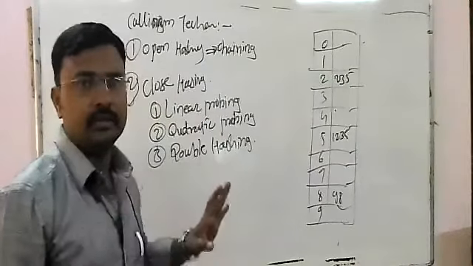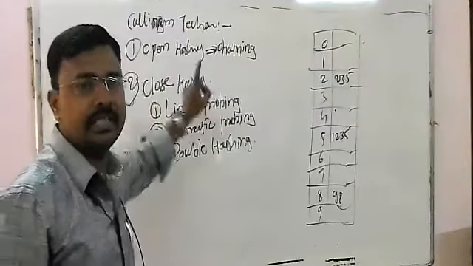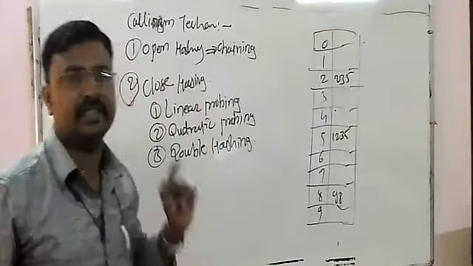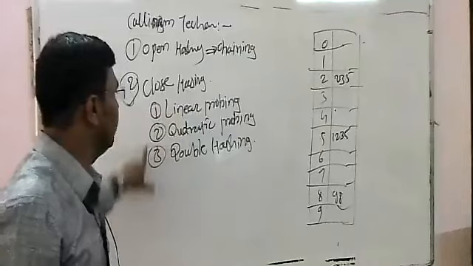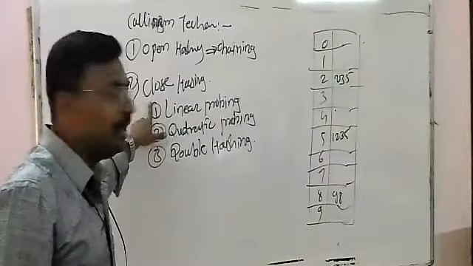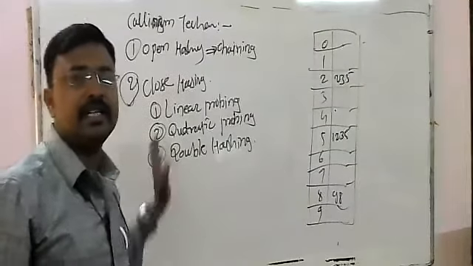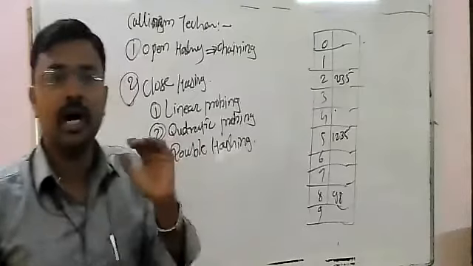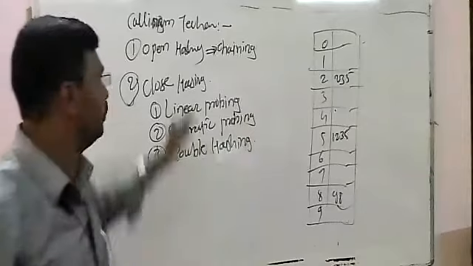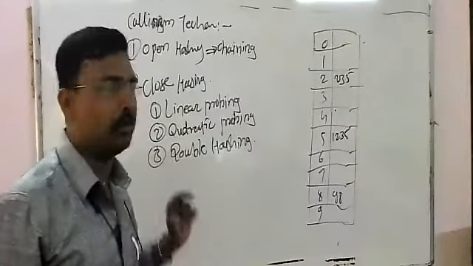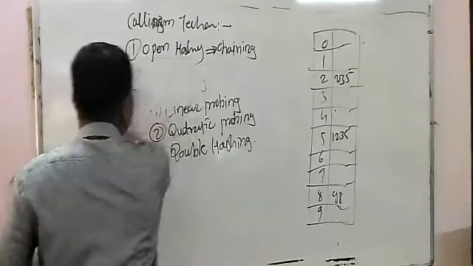So there are two techniques: first is open hashing, also called chaining, and second is closed hashing, which is done using linear probing, quadratic probing, and double hashing. All these techniques are used to avoid the collision. To avoid the collision, we are going to use one of these techniques. In that, the first one is nothing but chaining.